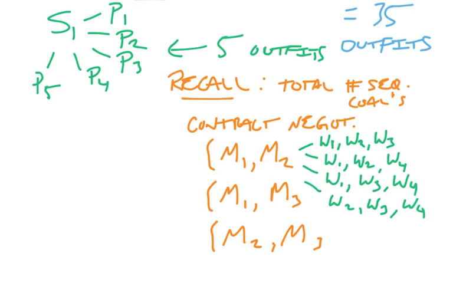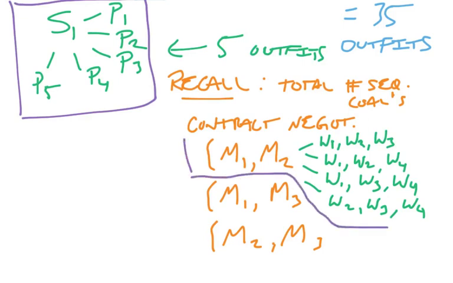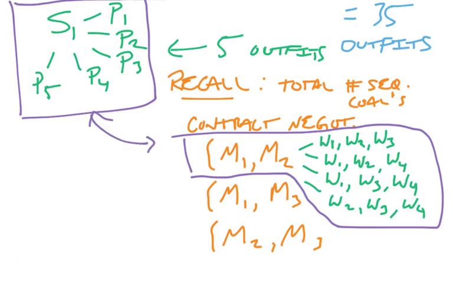Right, and notice that just, not thinking about it too hard, just looking at it, this idea of figuring out how many pants get paired up with each shirt, and this idea of figuring out all the different ways of matching up triplets of workers with duos of managers, well, they're basically the same kind of thought process.